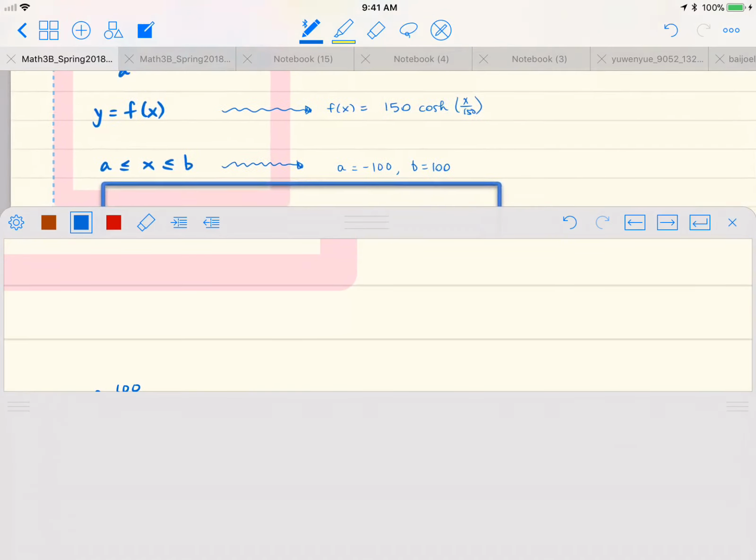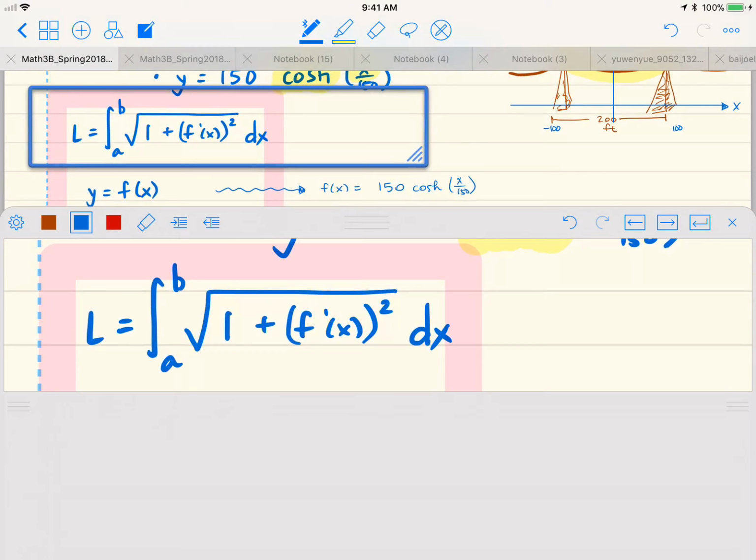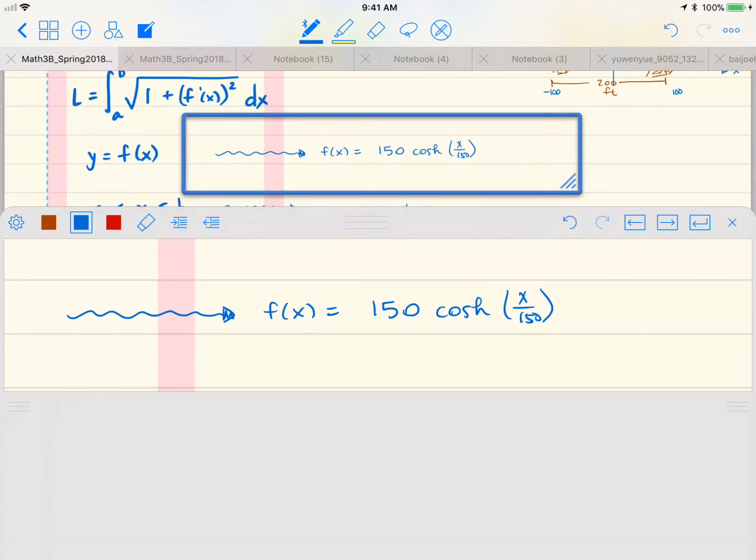Now, in order to do our formula, we need to know the derivative of f, and then we need to square it. So if f of x is equal to 150 cosh of x over 150, then f prime of x is going to be 150 times the derivative of cosh of x over 150.